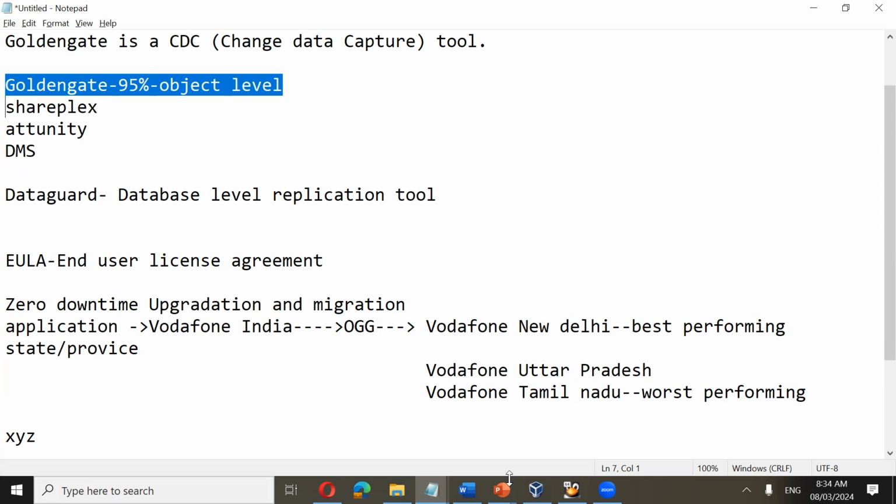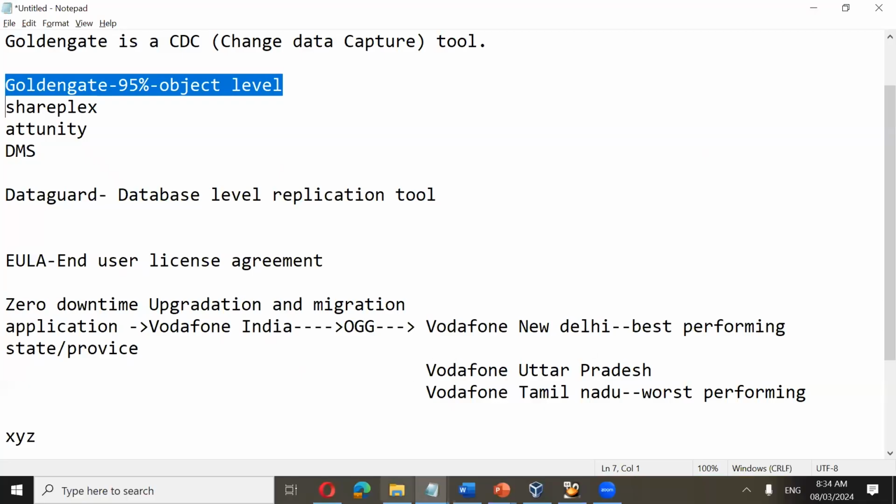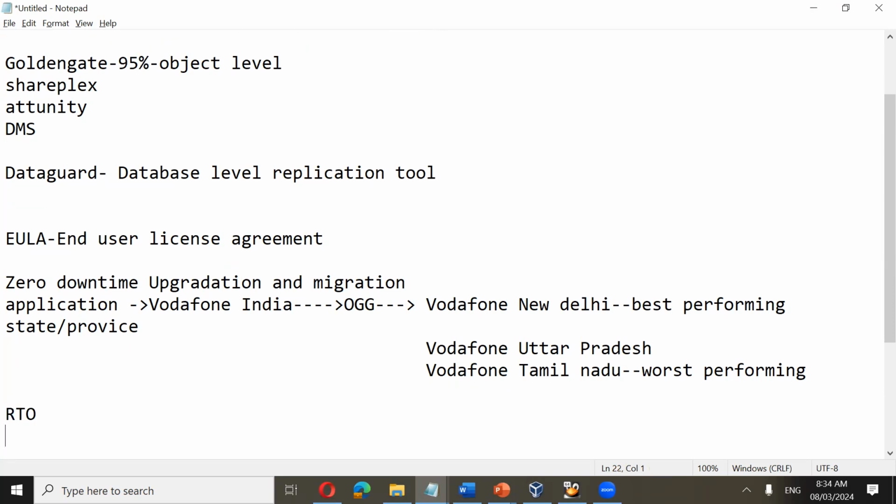Okay. Now, if I have to talk about technical reasons, I'll tell you another reason why Golden Gate is most widely used. There are two terms called RTO and RPO, recovery time objective and recovery point objective.